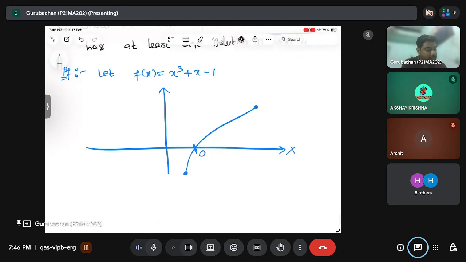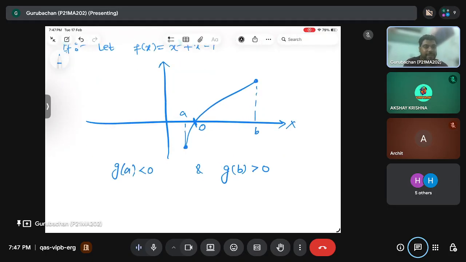So suppose this is some a and this is some b. So g of a is negative and g of b is positive. So what does IVT say? IVT says any point between g of a and g of b. Does 0 lie between g of a and g of b?